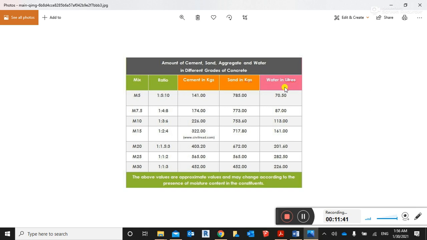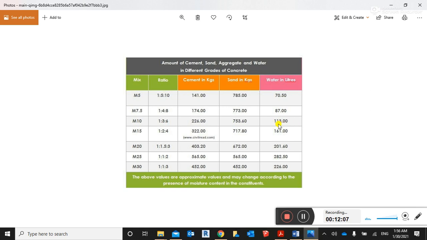Water in liters. In 1 cubic meter of concrete of grade M5 we can use 70.5 liters of water. This is very important, guys. In M7.5 the amount of water used in 1 cubic meter of concrete is 87 liters.